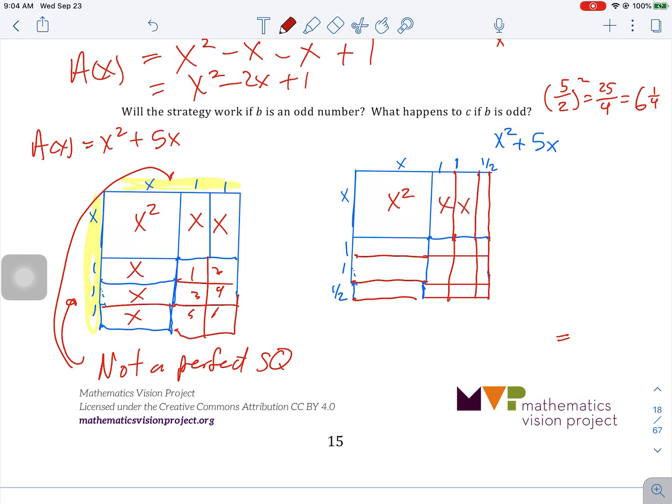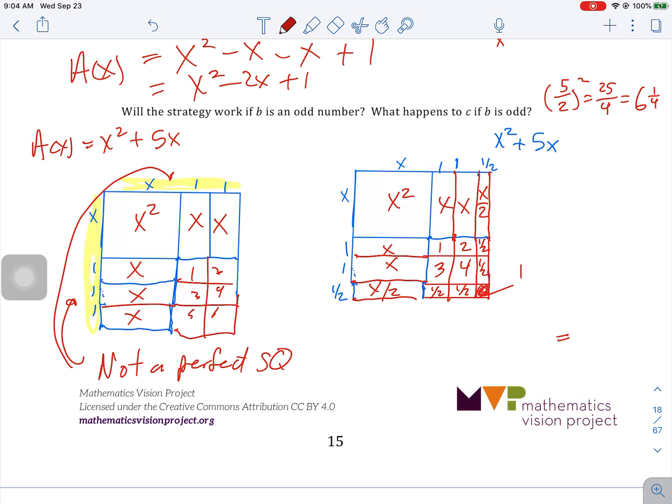All right, so I've got x squared, I've got x, x, x, x, and then I've got half of x. And I've got half of x. So far we have x squared plus 5x. And then 1, 2, 3, 4, and then a half, a half, a half, and a half.